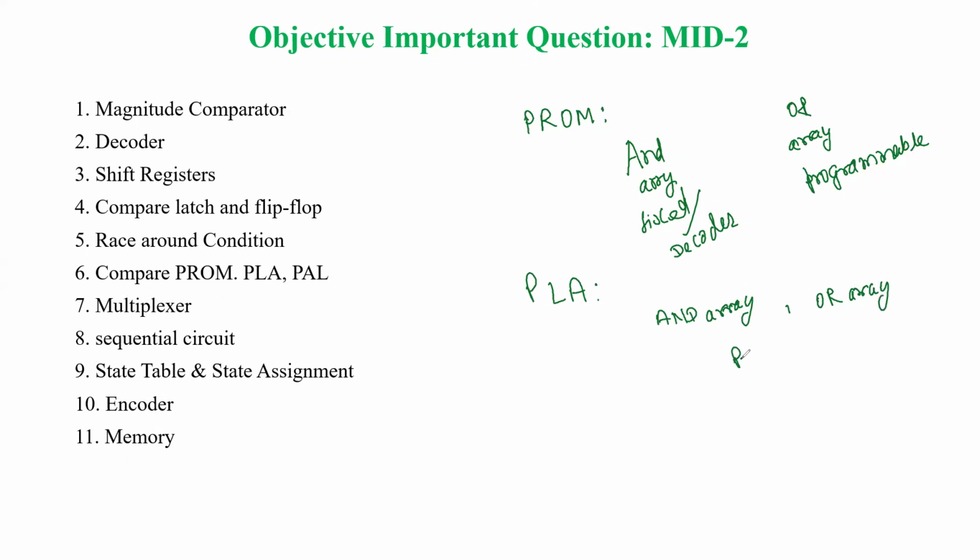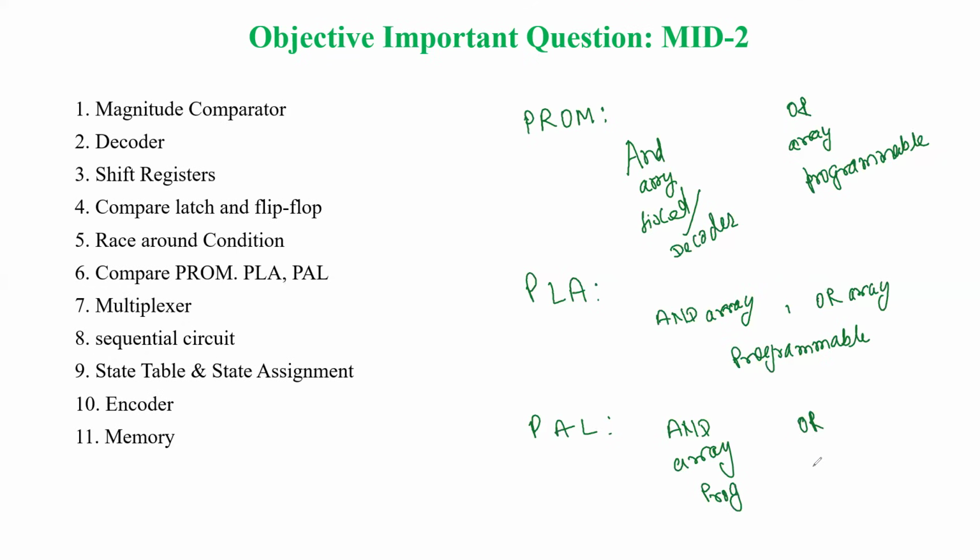You can represent that with the help of a block diagram also, or you can write it in one line. Or again, the last one we have is PAL. PAL is the programmable array logic. In this, only the AND array is programmable.